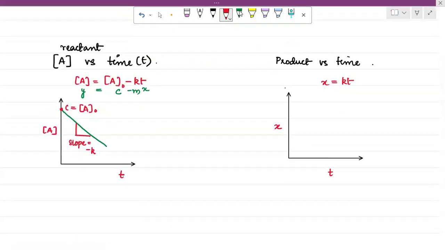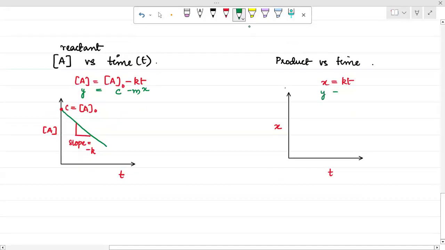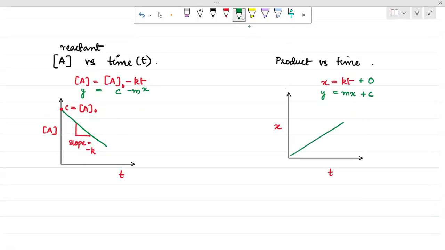So this is of the form Y is equal to mx plus C, but then you don't have an intercept over here. So intercept is 0. Correct? So you will be having a line with positive slope whose intercept is 0. It will start from 0 because the value of C is equal to 0.